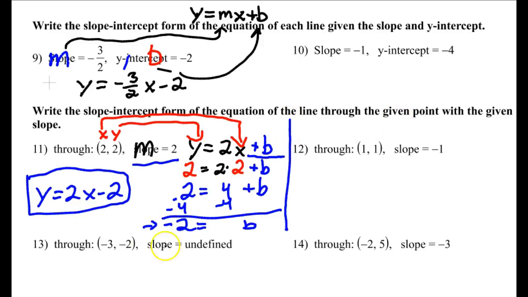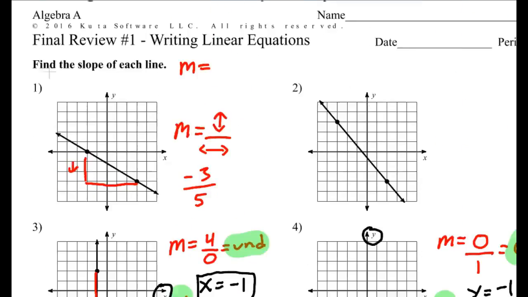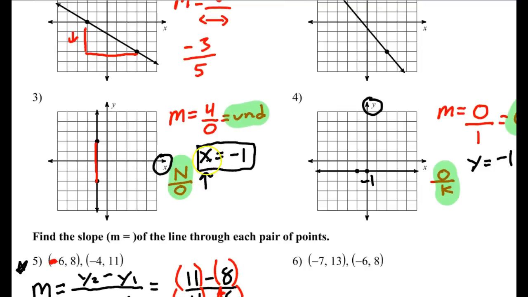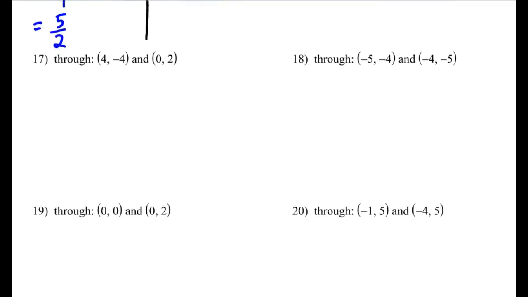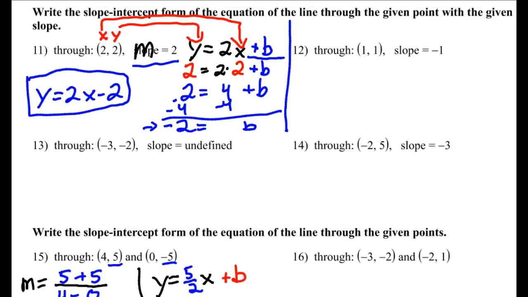It's a little different when you have undefined. So remember, undefined, like I showed you on the front, it's x equals. Undefined slopes start with x equals. But there is no y-intercept. It does not cross the y-axis at all, so you can't use the same thing. So when you have an undefined slope, that's actually a little bit easier and faster.